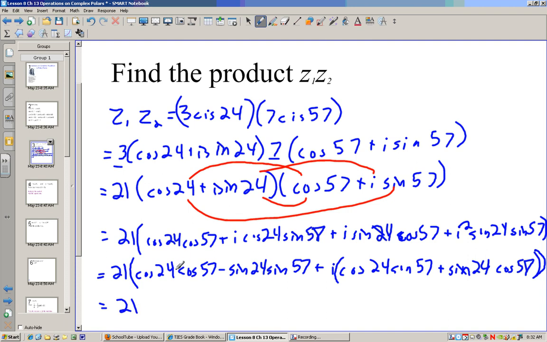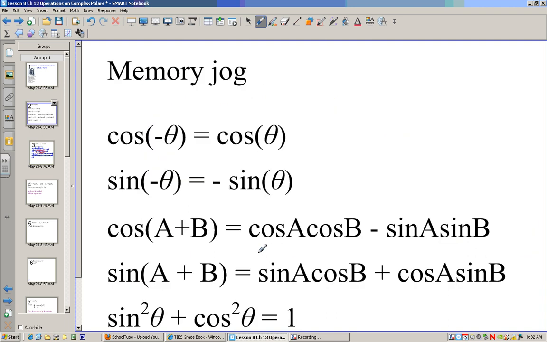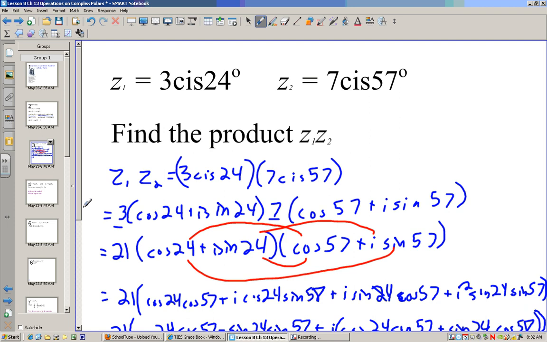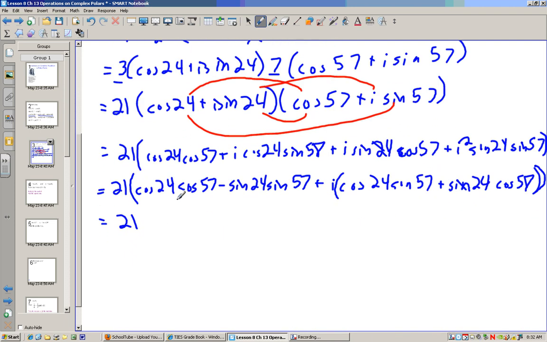And now we look at this formula. Cosine 24 cosine 57 minus sine 24 sine 57. Hopefully that looks like that to you. So we can find our a and our b and combine them as the cosine of a plus b. This is my a, that's my b.